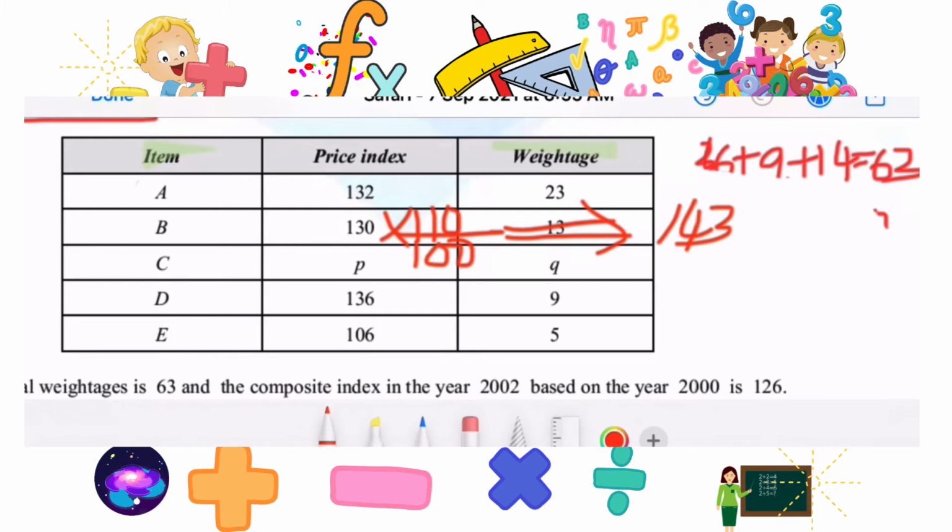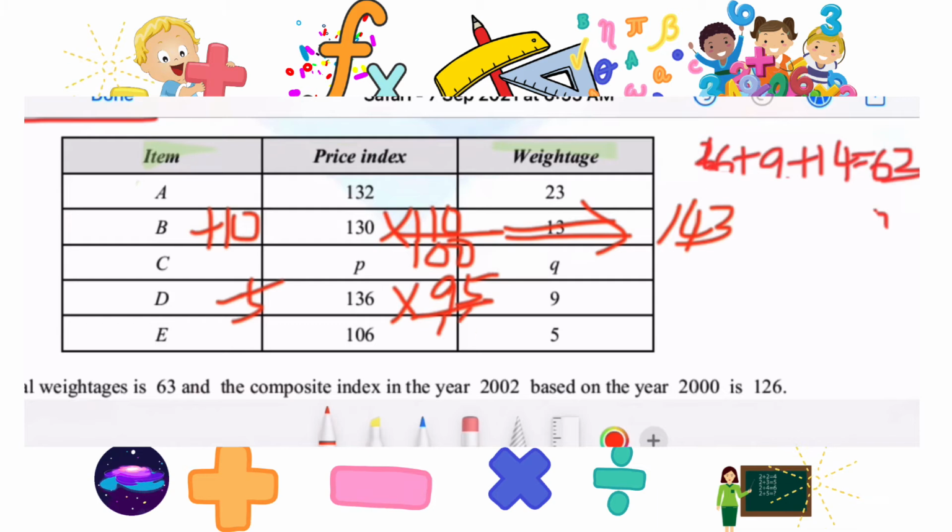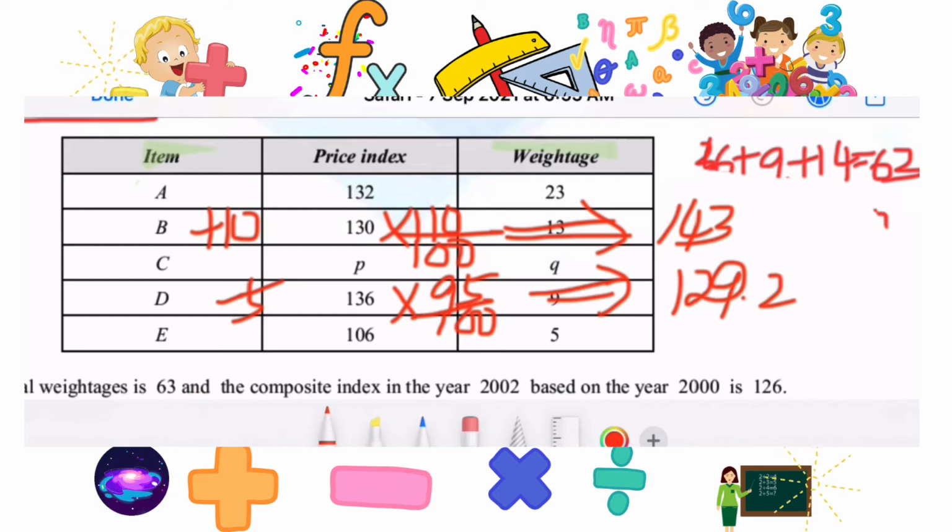When it is decreased, we will times with the decrease by 5%, right? We will times with 95%, alright? So we will get 129.2. And then for E is increased by 15%.